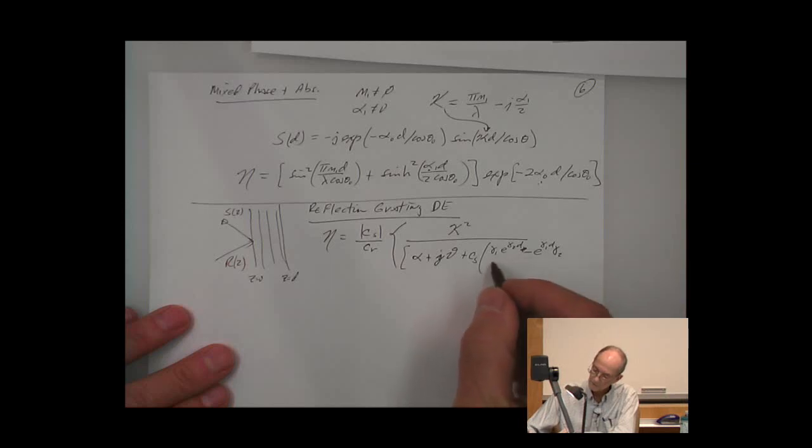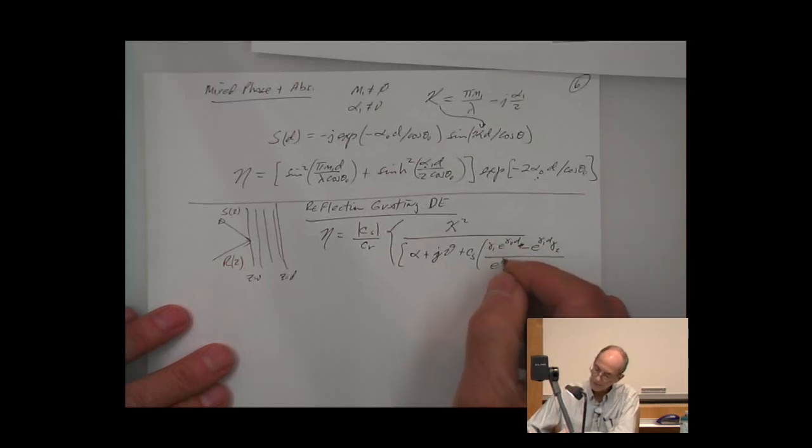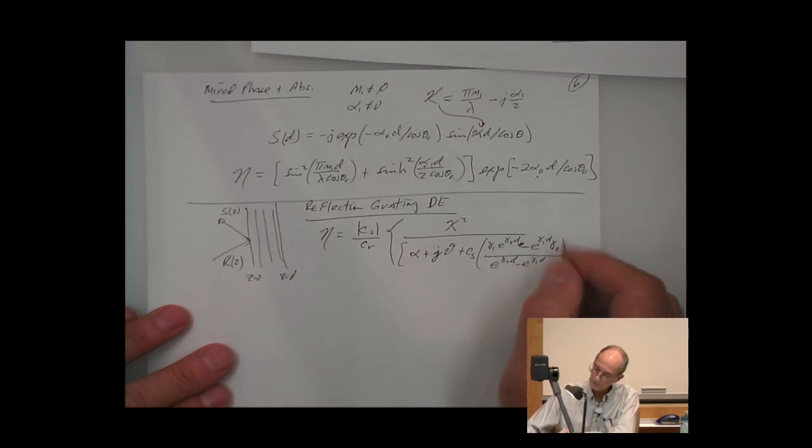Sorry, misplaced those. Over e to the gamma 2d minus e to the gamma 1d.